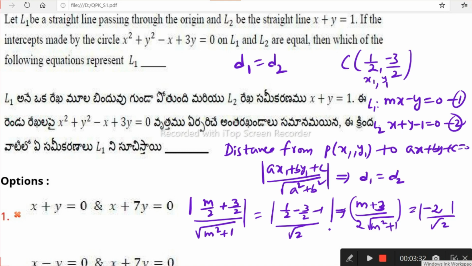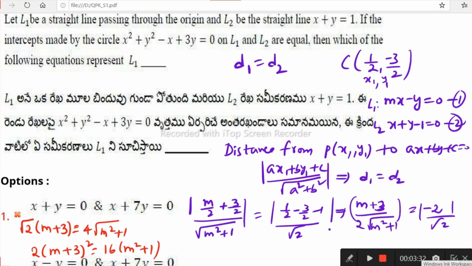Now squaring on both sides, the root 2 of m plus 3 is equal to the right side, under modulus minus becomes plus 2, into 2, 4, into root over m square plus 1. Squaring on both sides becomes 2 into (m plus 3) whole square equals 16 into (m square plus 1).